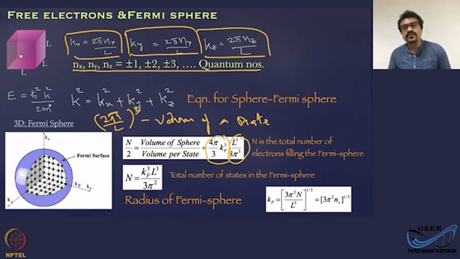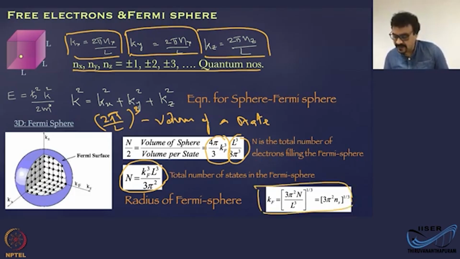So if you account for that factor of 2, you can know that the total number of electrons in the system is given by kf cube L cube divided by 3 pi square, where kf is the radius of the Fermi sphere, where kf is also the highest occupied state.